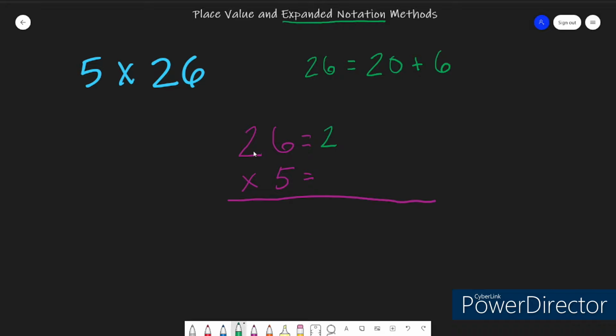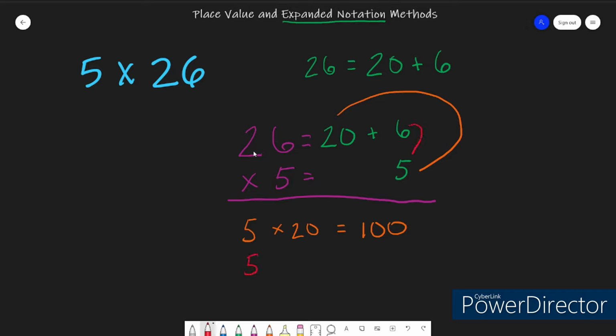So as I've shown earlier, 26 is 20 plus 6. But since the 5 is in the ones place value and there is no tens place value, it is going to be a 5. And we will ultimately do, and I'll show at the bottom of the screen, is multiply 20 and 5 together, which will give us our 100. And we're going to wrap up the equation before we add with 6 times 5, which is going to give us our 30.